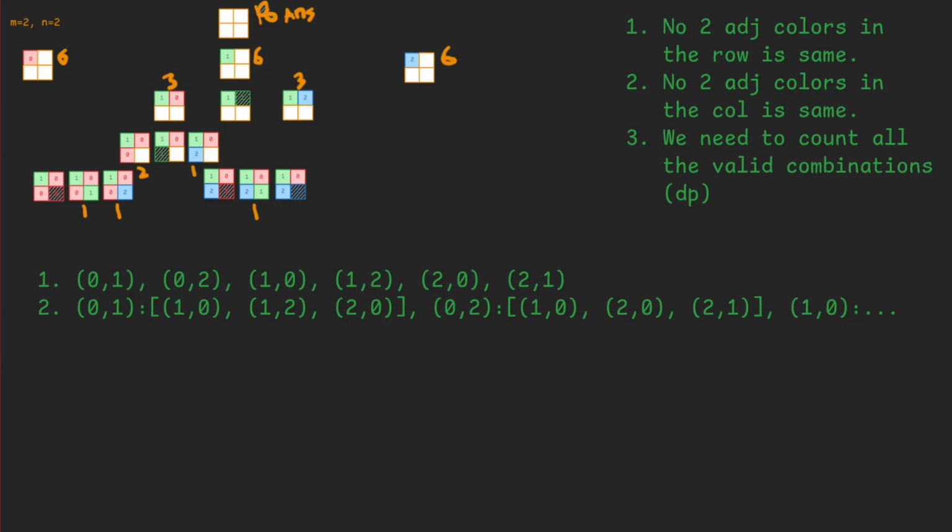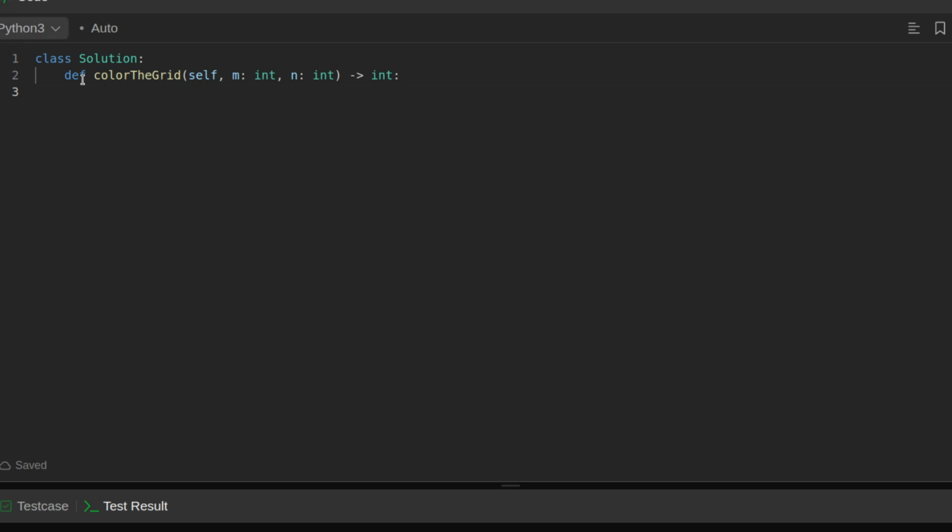Now let us move to the coding part. Let us say that mod is 10 to the power 9 plus 7.